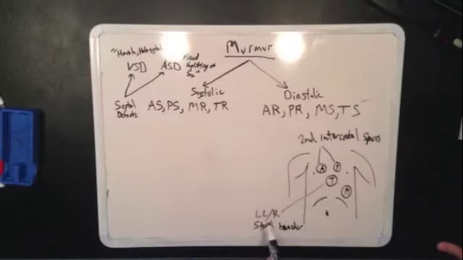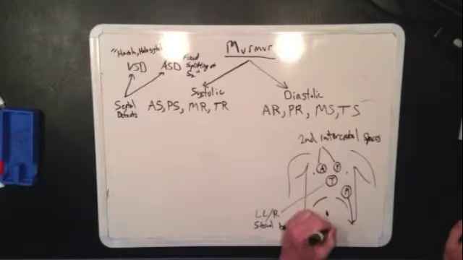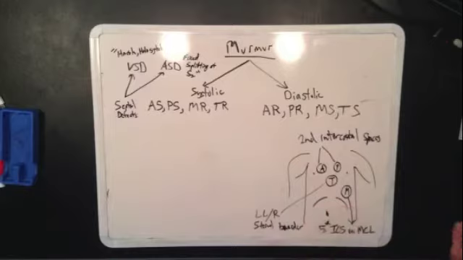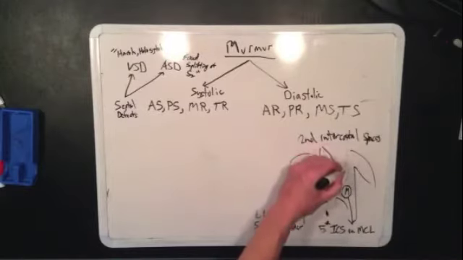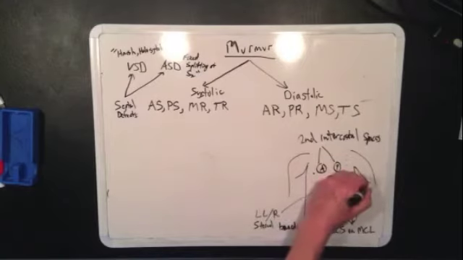So all you have to know is it's lower left or lower right sternal border. Here the mitral valve. In your question stem, you'll see it say the fifth or sixth intercostal space on the mid-clavicular line. Okay, here's your mid-clavicular line, and this is about your fifth or your sixth intercostal space.